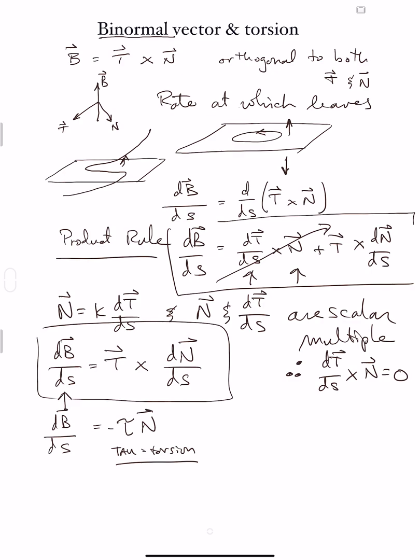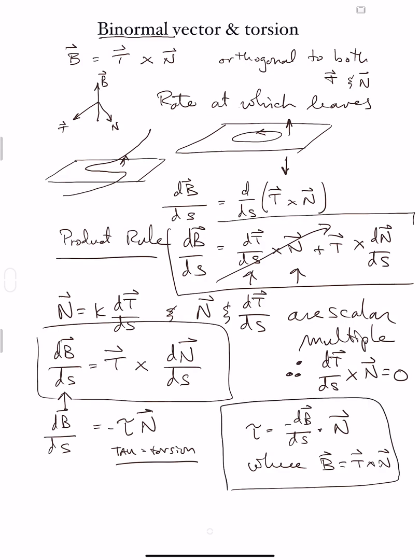If we do a little bit of arithmetic, we find that the torsion value is the opposite of that change dB/ds dotted with the normal vector, where B is our usual definition of T cross N. That gives us a way to calculate the binormal vector and describe its magnitude with this value torsion called tau.